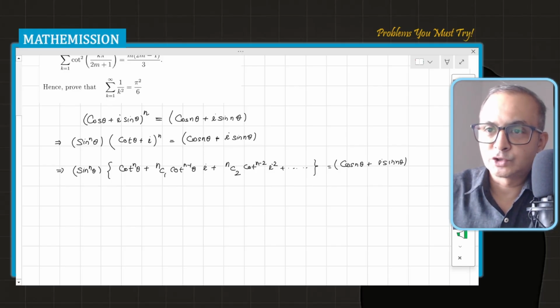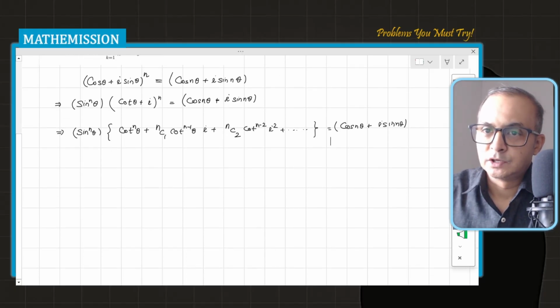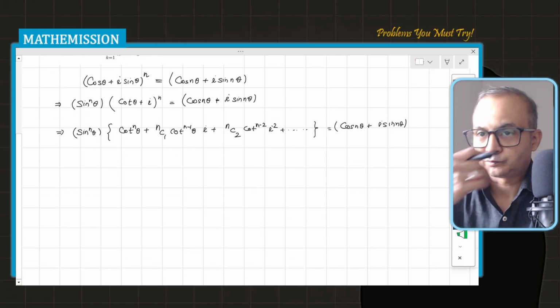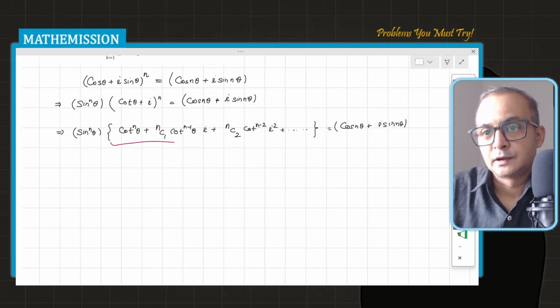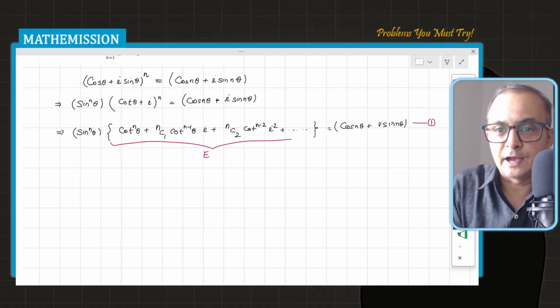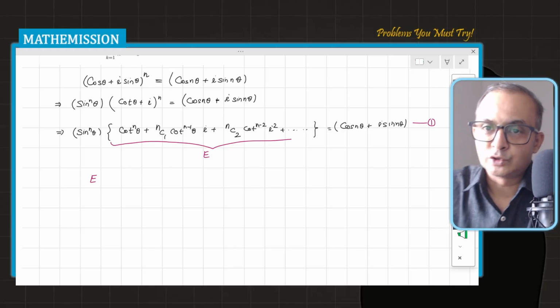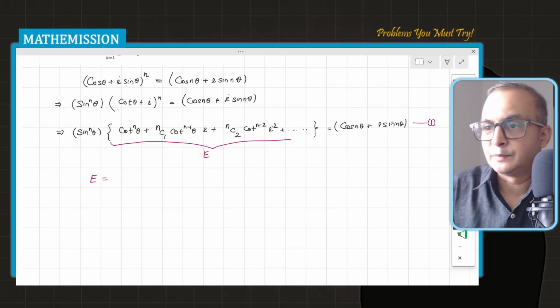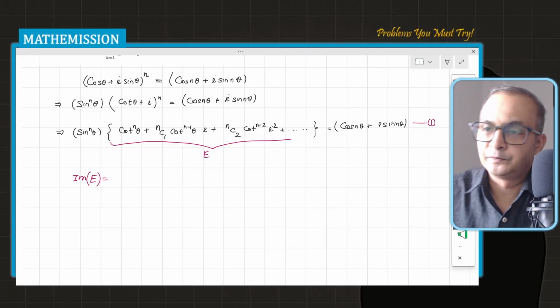Now my intention is to equate the imaginary terms from both sides. Let's call this equation 1. From this expression E, I'm going to collect all the terms containing imaginary terms. So I have to find the imaginary part of this E. It's not difficult.